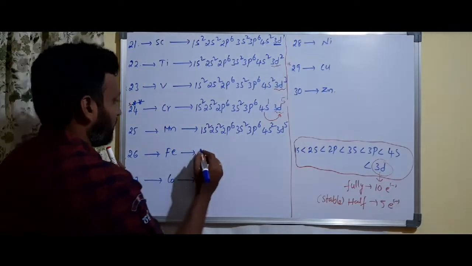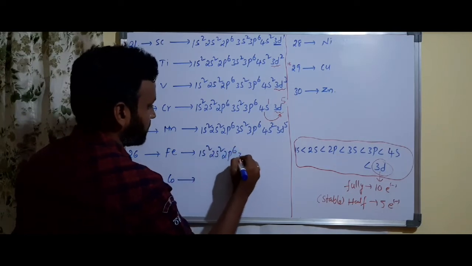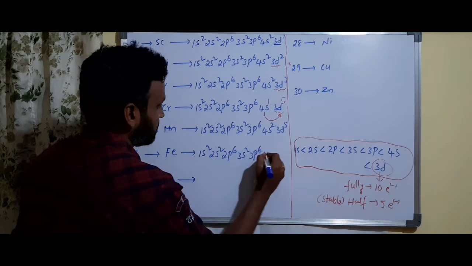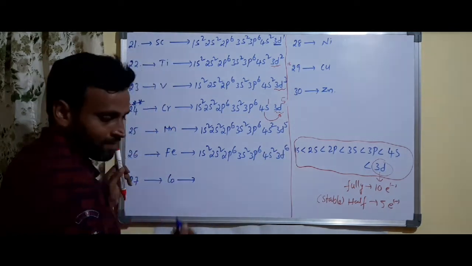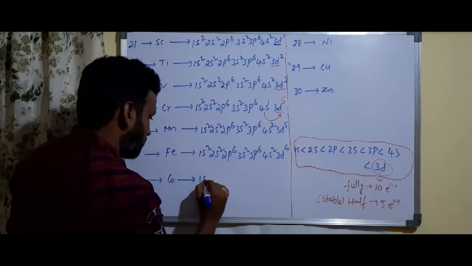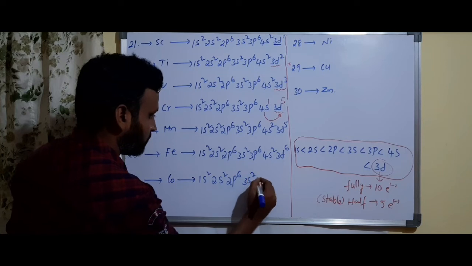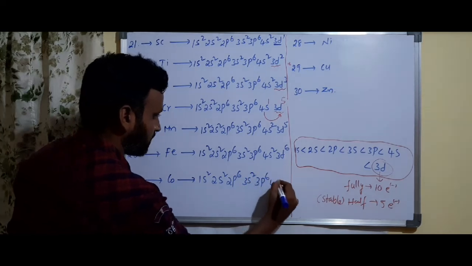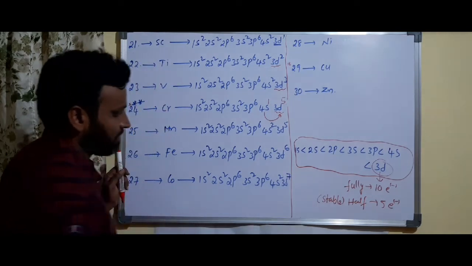Okay, so now you have iron. In the same manner, 1s2, 2s2, 2p6, 3s2, 3p6, 4s2 and 3d6. Next is cobalt: 1s2, 2s2, 2p6, 3s2, 3p6 and 4s2 and 3d7.